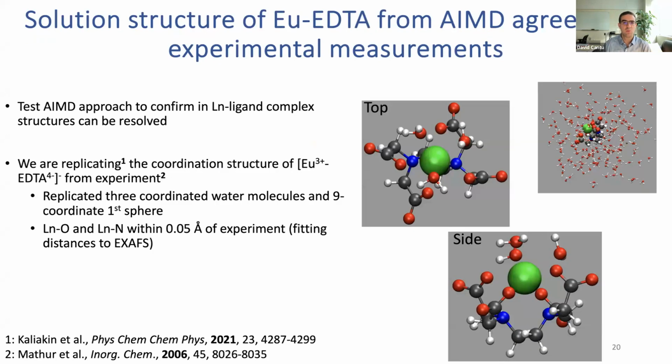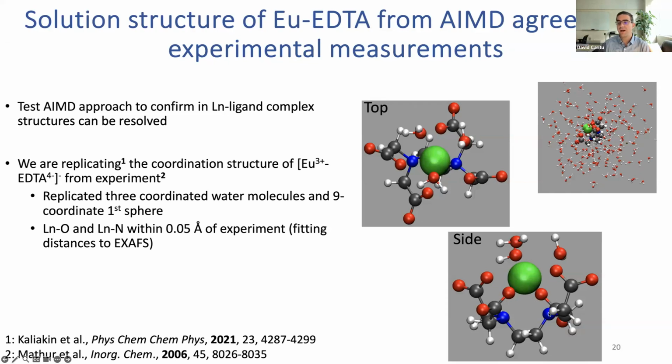And we started with europium EDTA a couple years ago as the first ligand after doing the aqua ions, because it was a structure that is known from crystallography and from EXAFS. And so we were able to replicate the structure. The simulation box has explicit solvent molecules, but here I'm only focusing on the coordination structure.